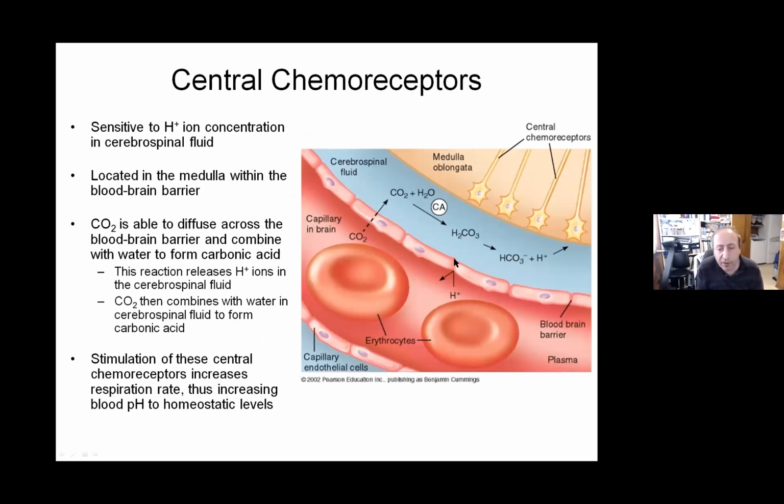Now, how is CO2 translated into lower pH?